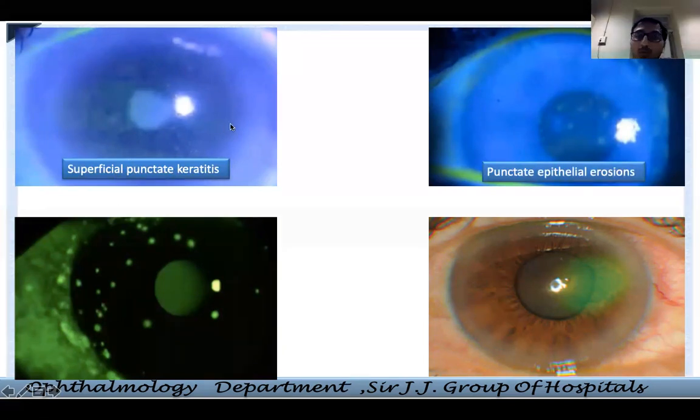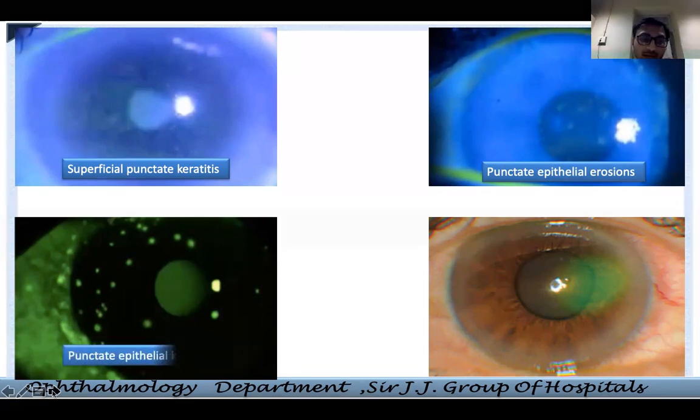Both of them are depressions in the epithelium because they are taking stain. The epithelium or the glycocalyx, the superficial layer, is affected. To start with, it starts as superficial punctate keratitis. If you don't treat it, it will convert into punctate epithelial erosion. Very important, the size of the PEE is much more than the SPKs.